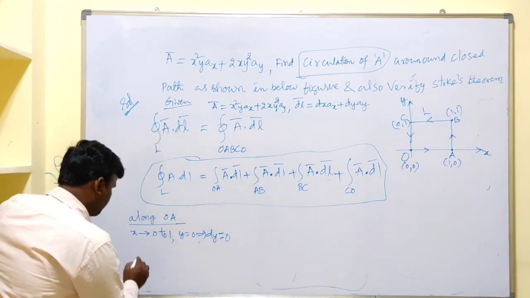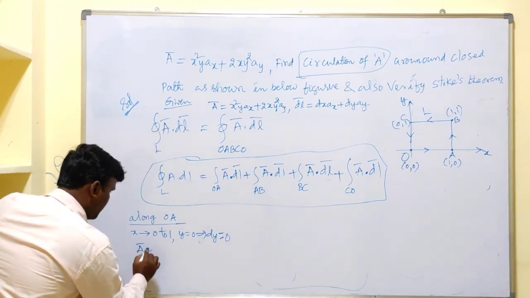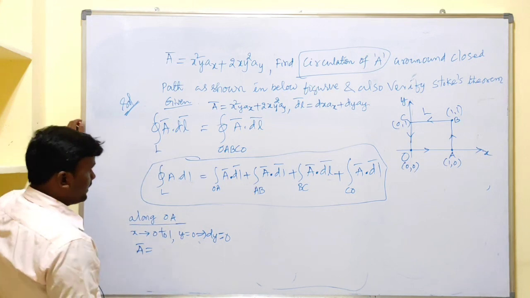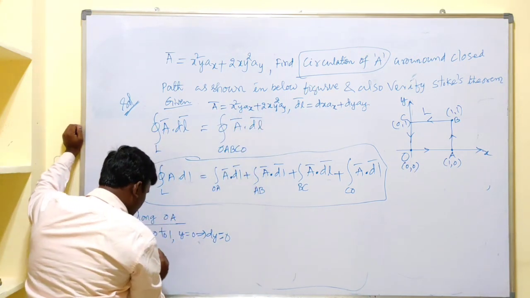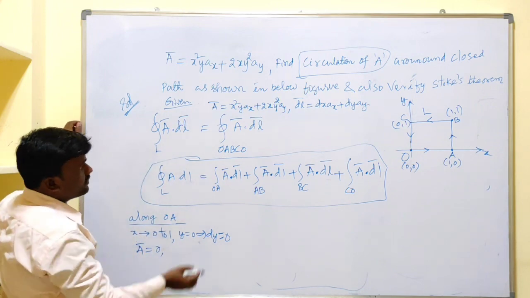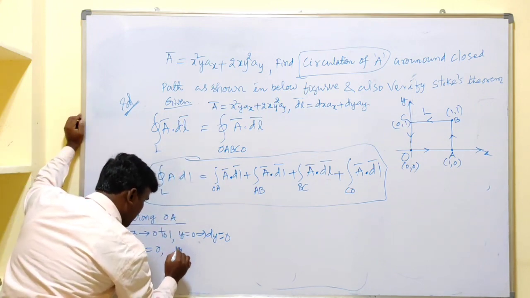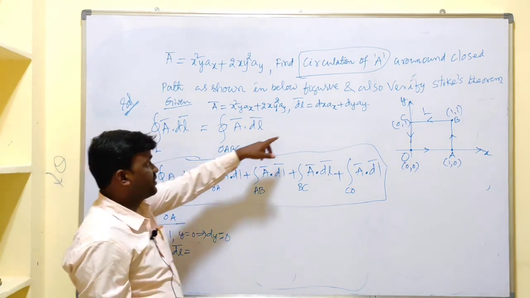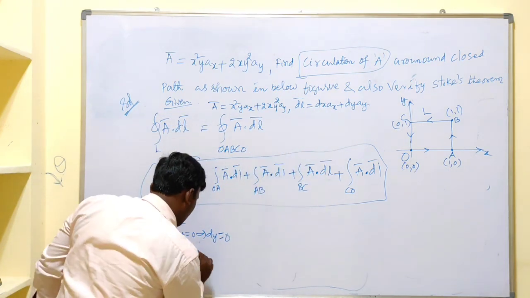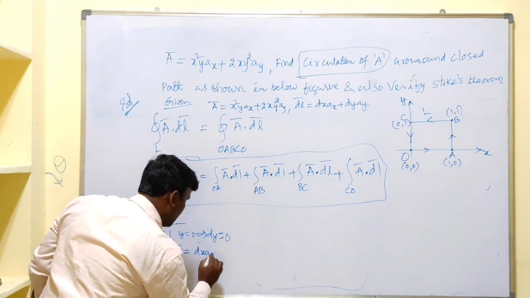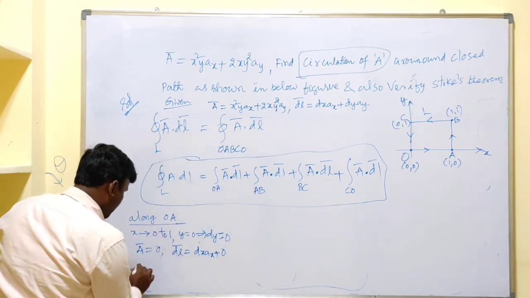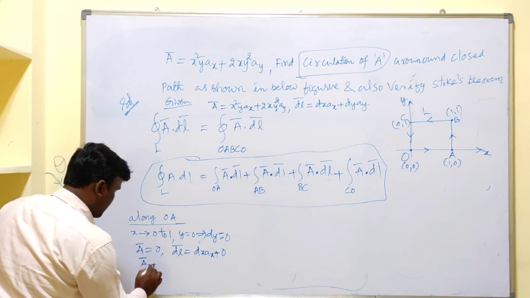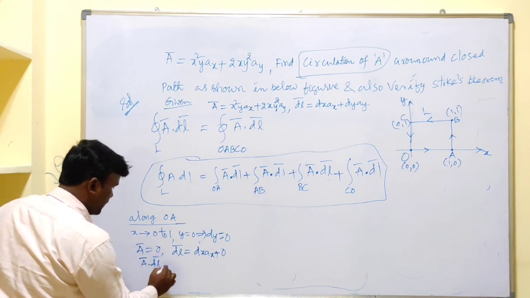As y is 0, this part is 0, this part is 0, means A bar is 0. And dl bar, as x is variable, can be taken as dx ax, and dy is 0. So A bar dot dl bar equals 0.